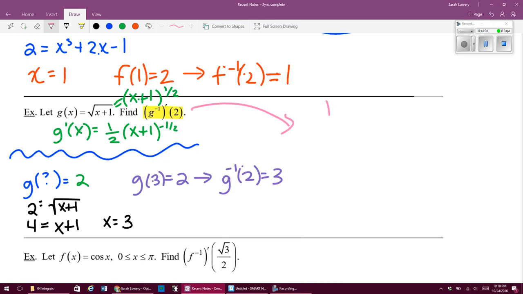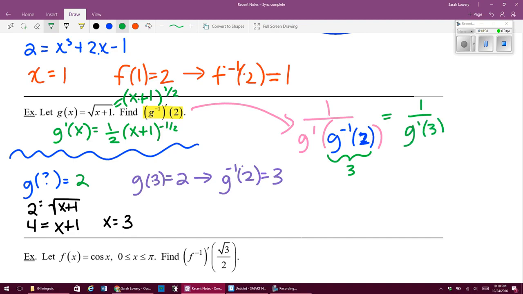And the reason why that's important to know is because my formula for the derivative says if I want to find the derivative of the inverse, it's going to be 1 over the derivative of the inverse at that point 2. Okay? So now we've established that the inverse of 2 is 3. So I'm going to do 1 over g prime of 3. Okay?